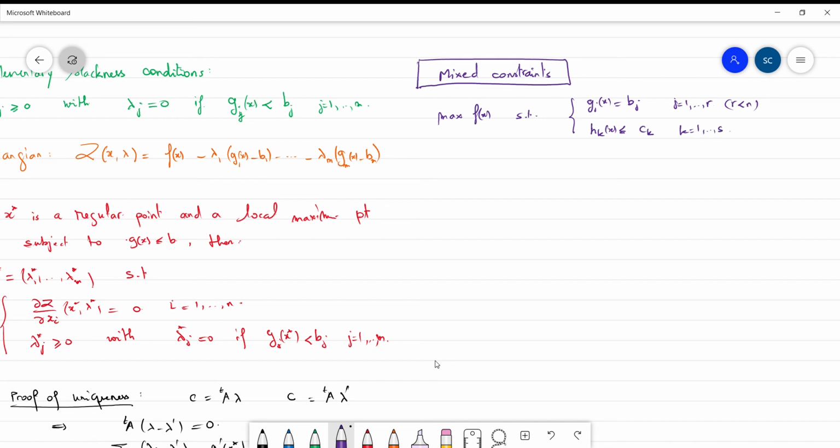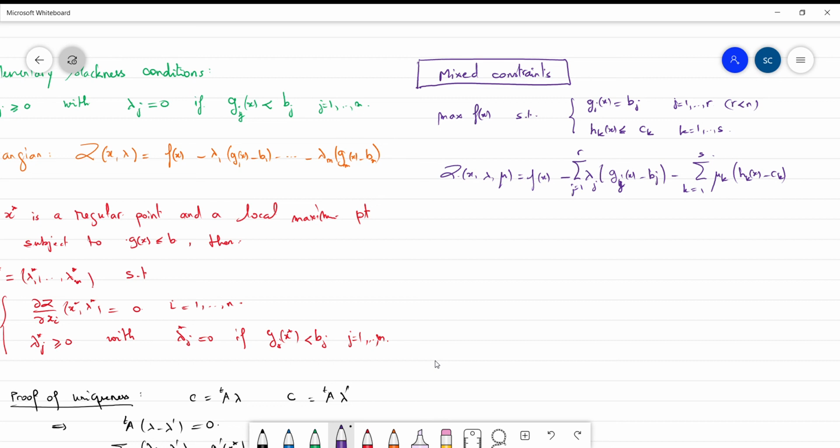So I'll give you just the theorem, then introduce the Lagrangian L of x, lambda and mu, equal to f of x minus the sum of lambda g times the equality constraint g_g of x minus b_g, g from 1 to r, minus the sum of mu k times h_k of x minus c_k, k from 1 to s.